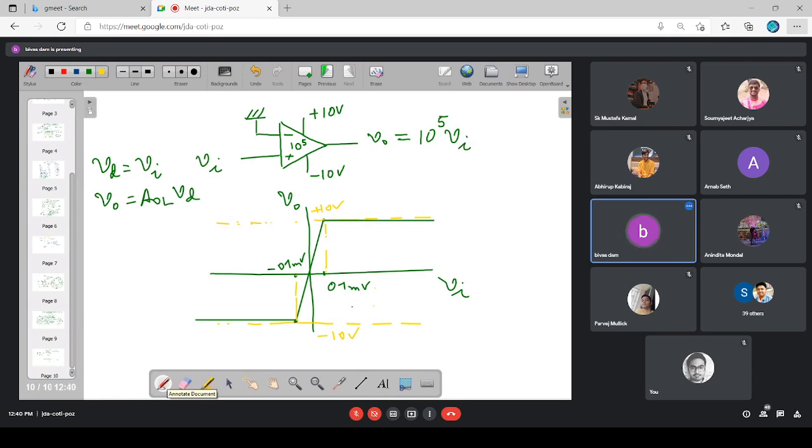What is the input voltage range where the op amp is operating in the linear region? Minus 0.1 millivolt to 0.1 millivolt, that is nothing but plus minus.